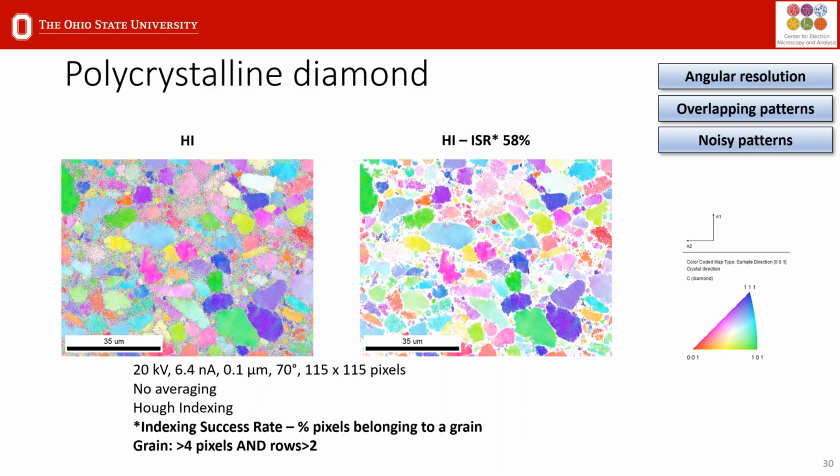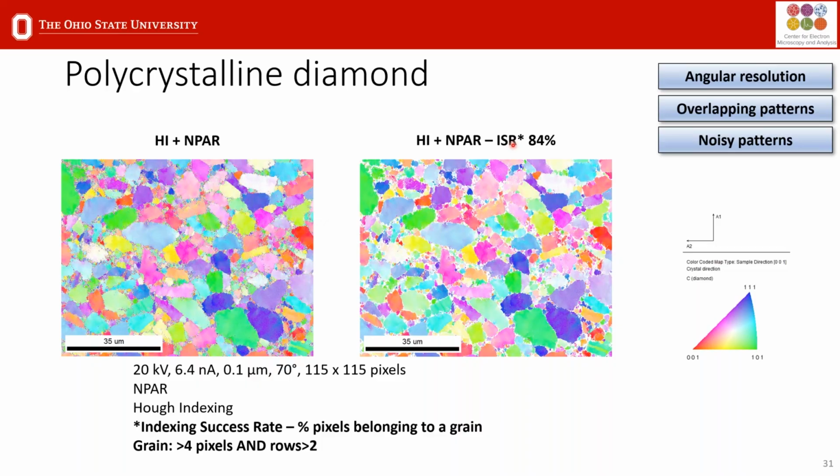And if you apply that definition, you would see from the Hough-based indexing we only get an indexing success rate of 58%. So only 58% of the pixels belong to a real grain, and all the other ones are single-pixel misoriented grains. You can improve the analysis by averaging the patterns and then performing Hough indexing.